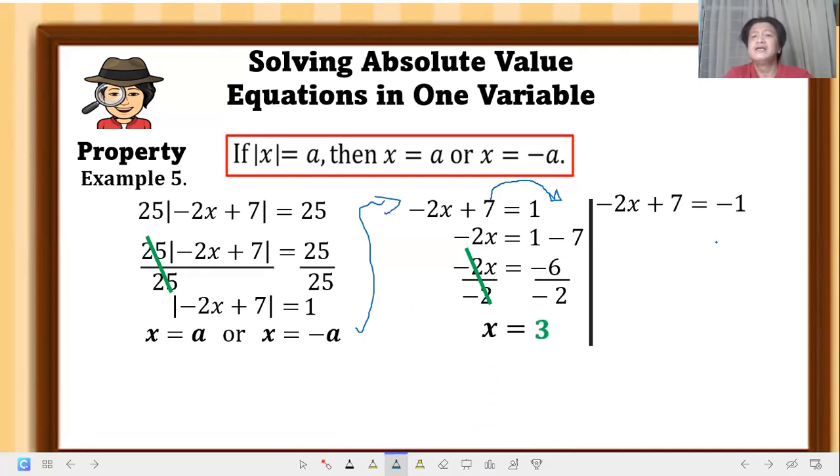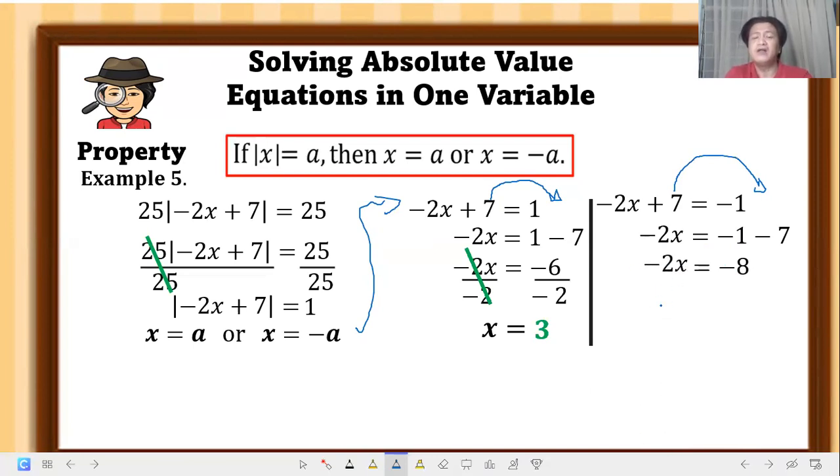Dito naman tayo sa pangalawa. So since this is positive 7, pag tinranspose natin yan, that will become negative 7. Kaya copy mo lang muna yung negative 2x. Therefore, what is negative 1 minus 7? That will become negative 8. Combining like terms, remember? So copy mo na yung negative 2x.